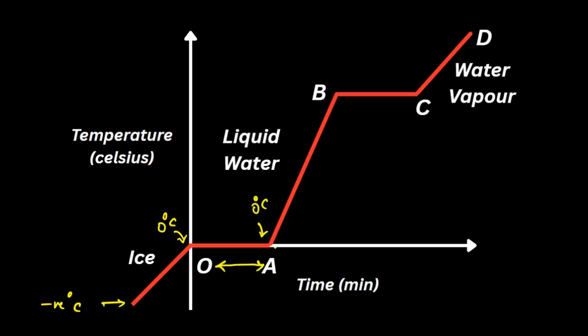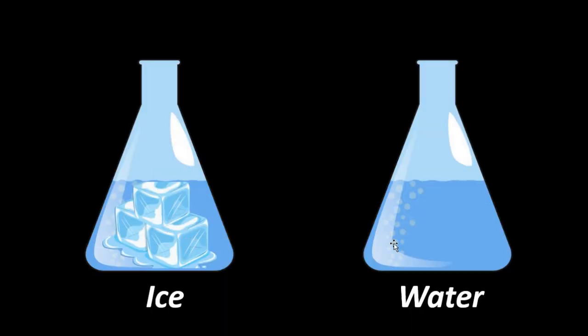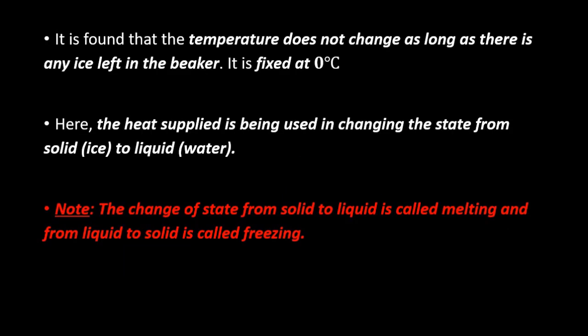Until the entire ice melts into water, the temperature stays at 0 degrees Celsius. As long as any ice is left in the beaker, the temperature will not change. It is fixed at 0 degrees Celsius.